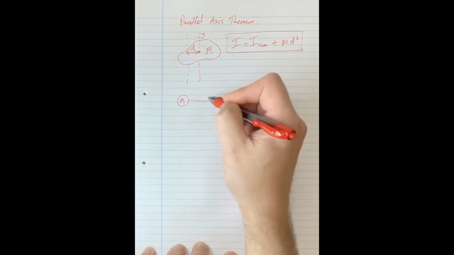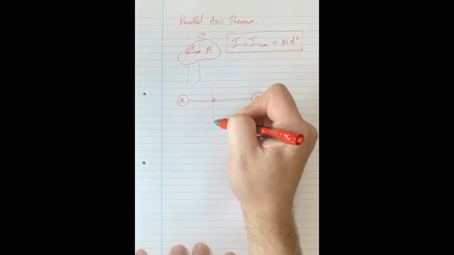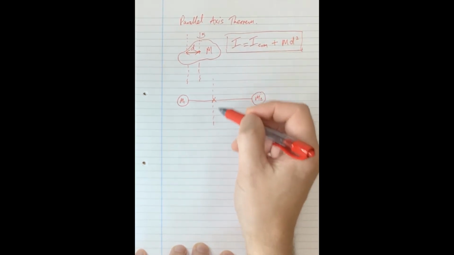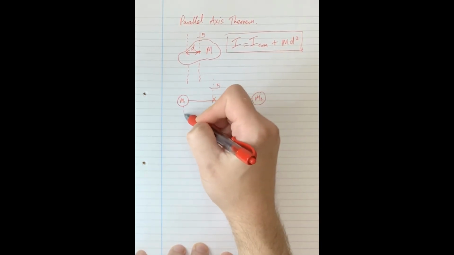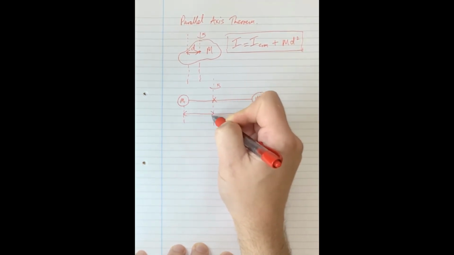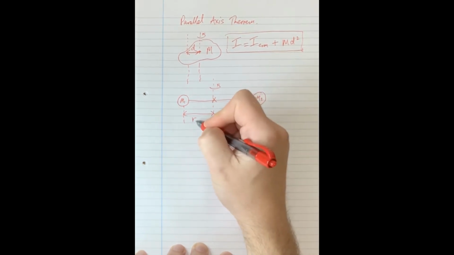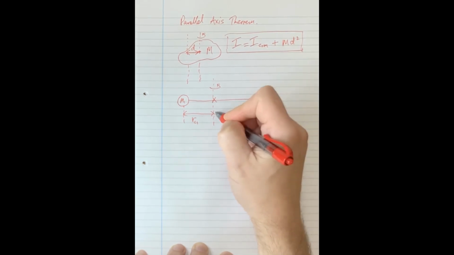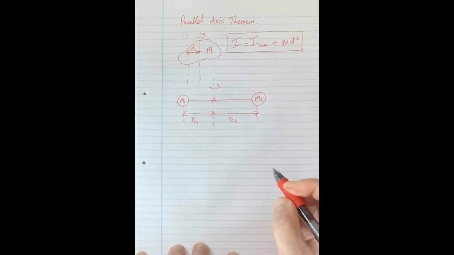But at some point in between these, there's going to be a center of mass, and that object could rotate about that axis, and we could find the moment of inertia about that point. So we would have a distance mass 1 is from that center, which I'm going to call RC1, for center of mass, and then this is going to be the distance that mass 2 is away from the center, RC2.